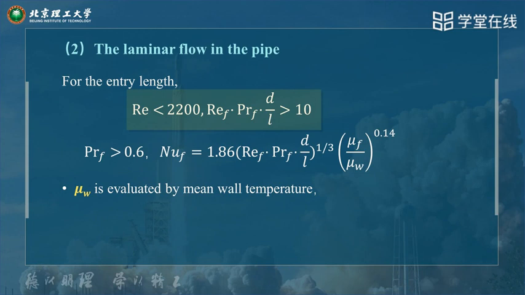In these conditions, Nusselt number equals 1.86 times (Reynolds number times Prandtl number times D over L) together, to the power of 1/3. We use this equation to calculate. Here, mu W is the mean wall temperature viscosity to calculate.